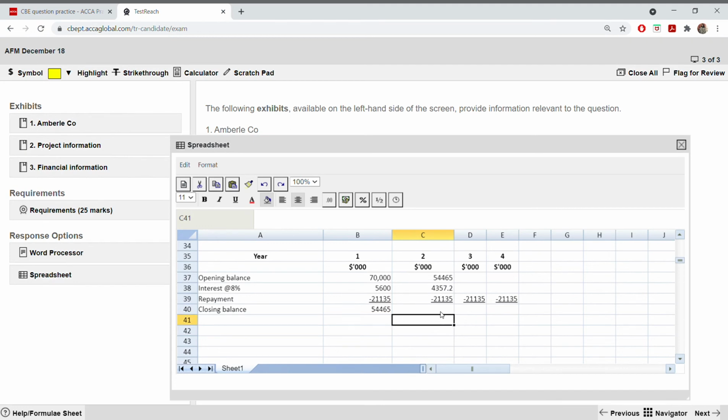Interest you have to add to the opening balance and repayment deducted. And then just copy paste it. It will copy paste, right? Just see. If you want, just take it, custom.